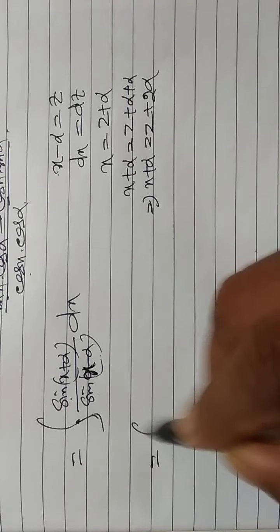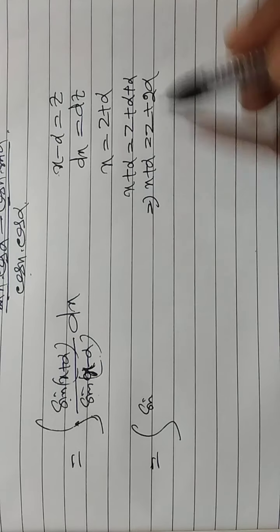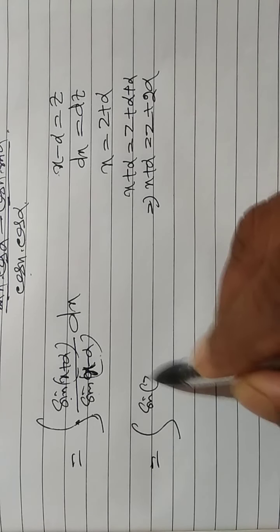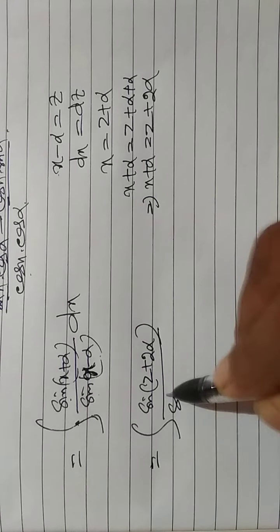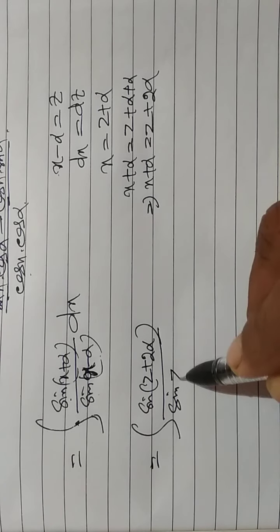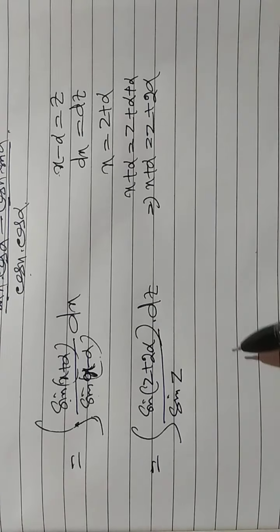So this is equal to integration, that is sin(x plus alpha), that is x plus alpha is equal to z plus 2 alpha, by sin(x minus alpha), that is x minus alpha is equal to z, and dx is equal to dz, that is into dz.